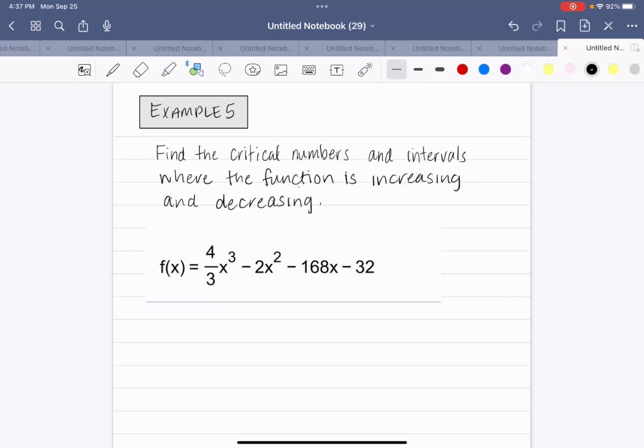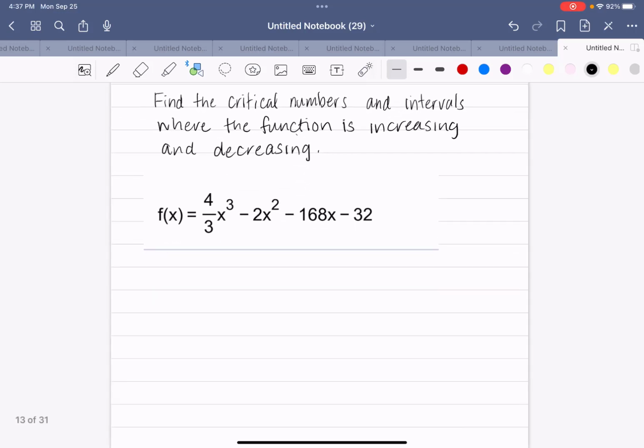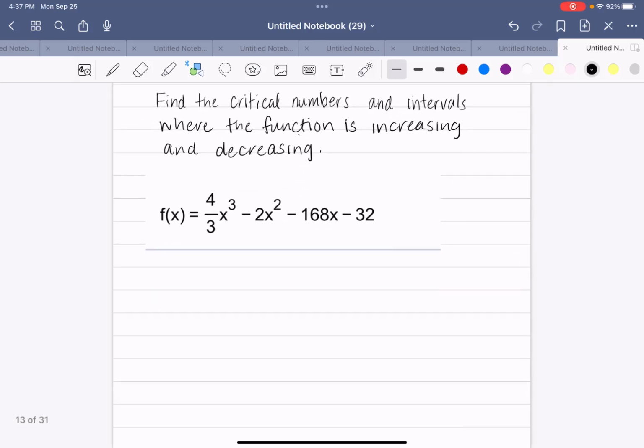Example 5. Find the critical numbers and intervals where the function is increasing and decreasing, where f of x is 4/3 x to the third minus 2x squared minus 168x minus 32.